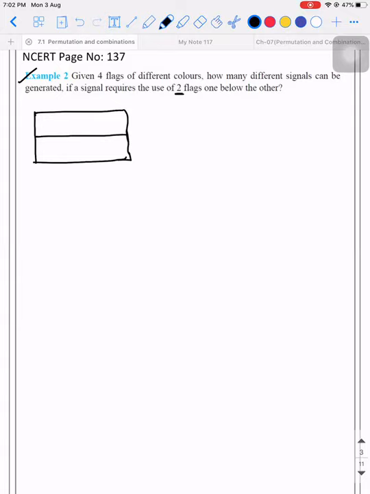Now tell me, the upper part can be filled with how many flags? 4. The lower part can be filled with? 3. So total number of ways?